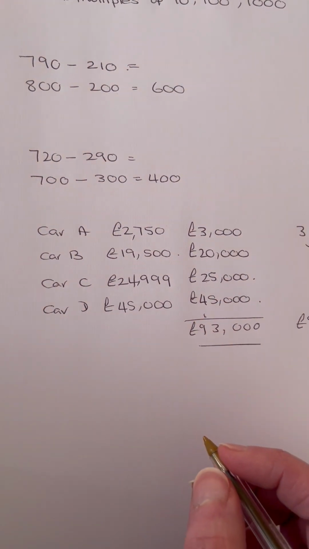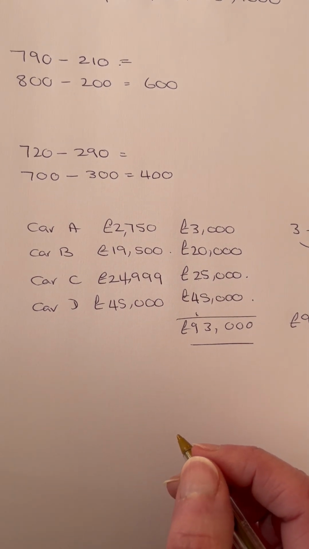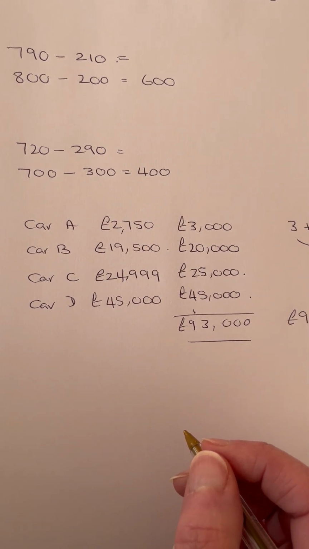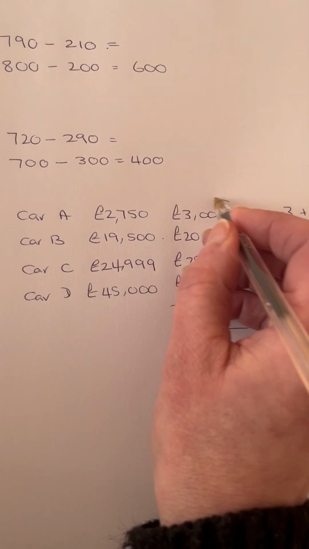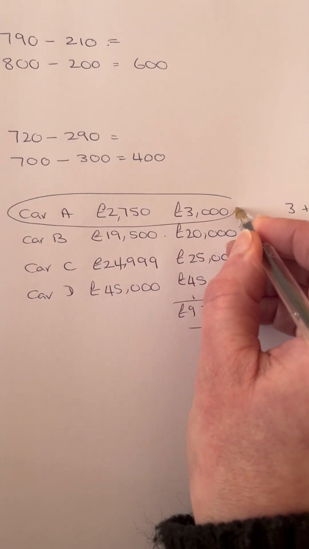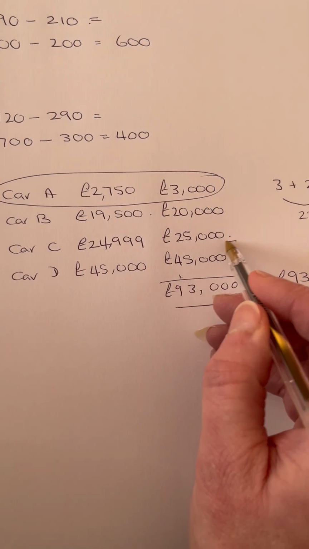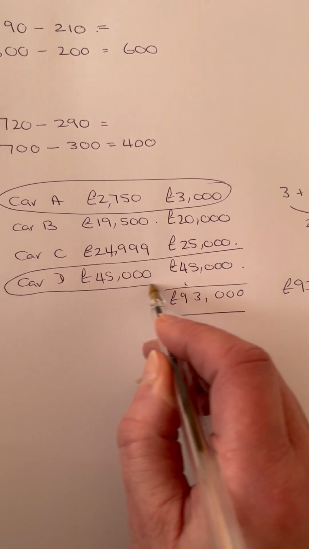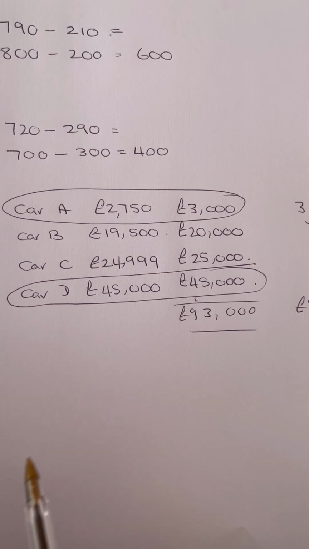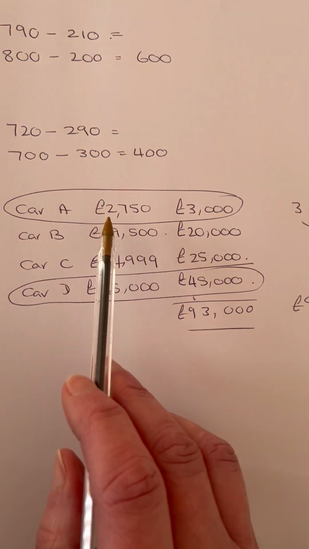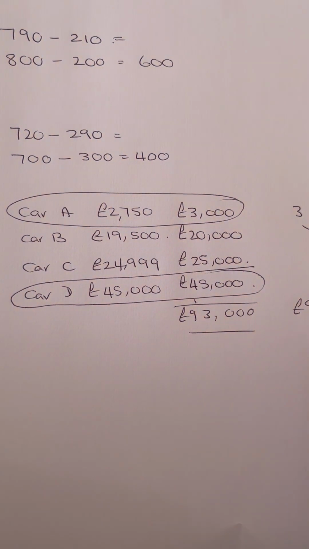Okay, I've got another problem for you. If we wanted to estimate the difference between the most expensive car and the least expensive car. Car A is the least expensive, and the most expensive car would be car D. In reality, we'd do £45,000 minus 2,750 to get the precise answer.